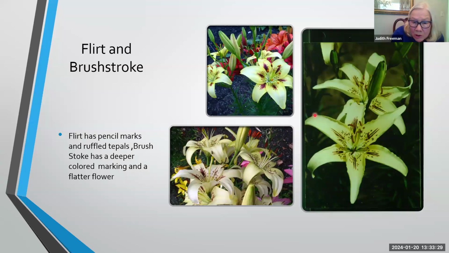But it's a much shorter lily, and it remains a soft yellow. Brushstroke sometimes opens as a soft yellow, but it will be white by the second or third day, and it's much taller, with much broader, smooth petals that are not very pointed. They're kind of lobed. One of the characteristics of the brush marks is that they're not completely constant. The amount of light has an influence on how much they're expressed. So, okay, next slide.